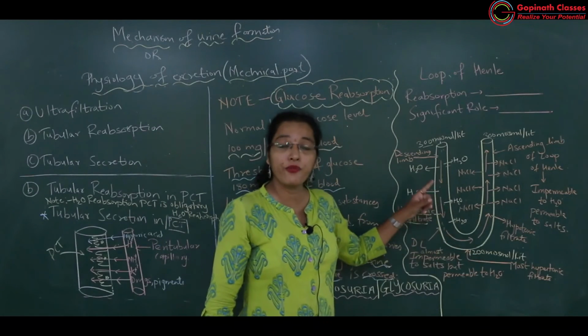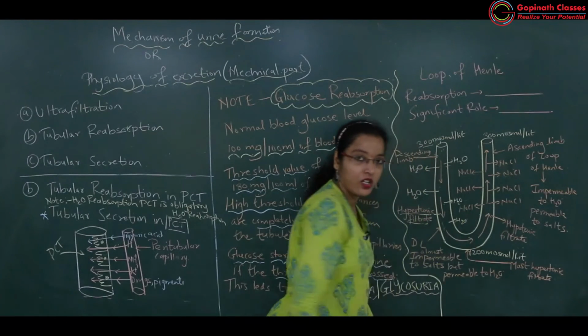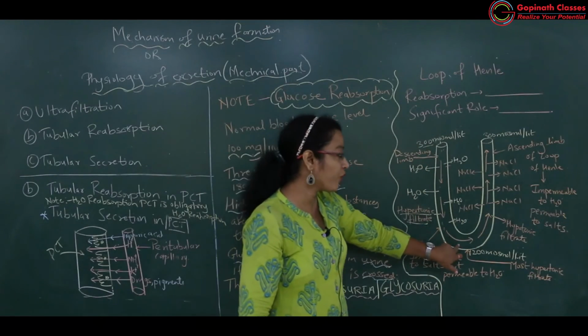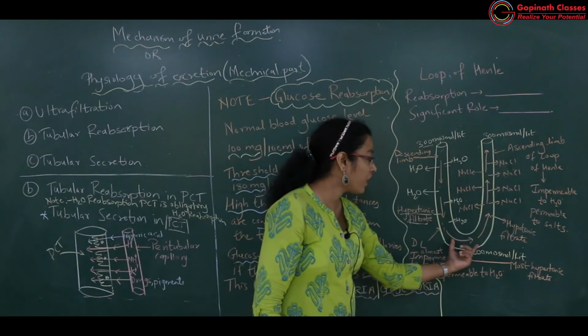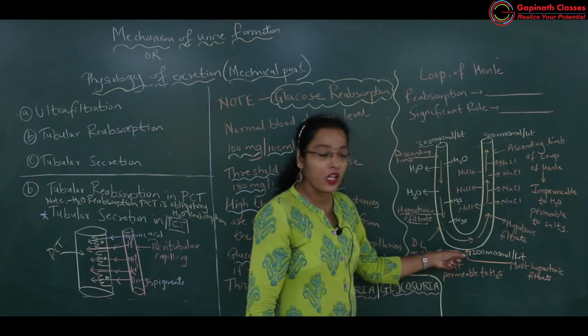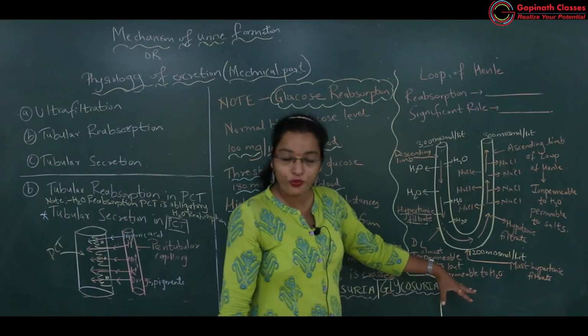And when the nephric filtrate enters in the U shape turn, see descending limb of loop of Henle is taking U turn. So here in this turn, what is going to happen? There will be maximum reabsorption of water.